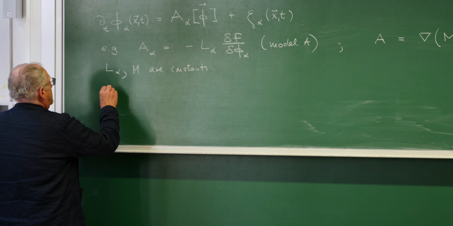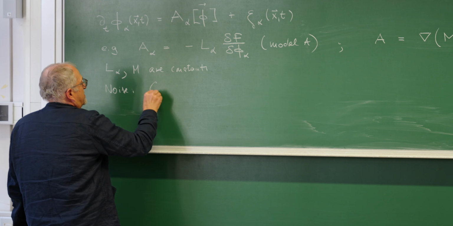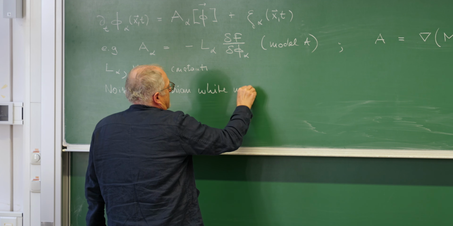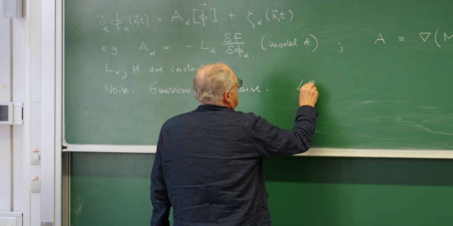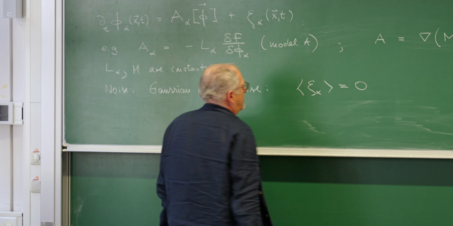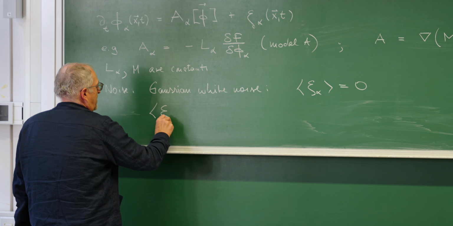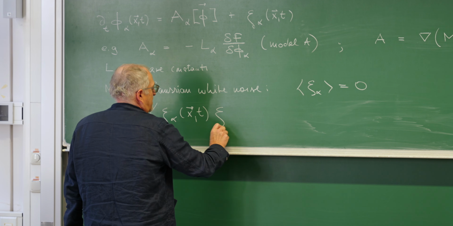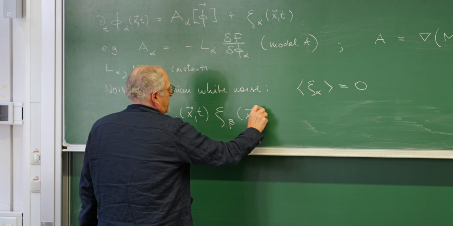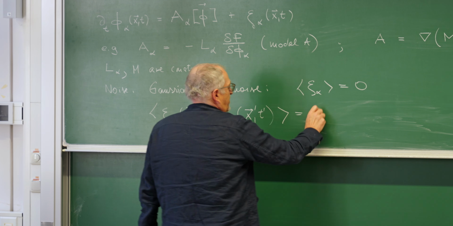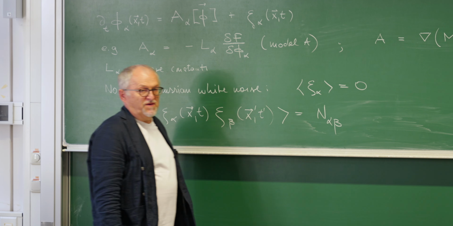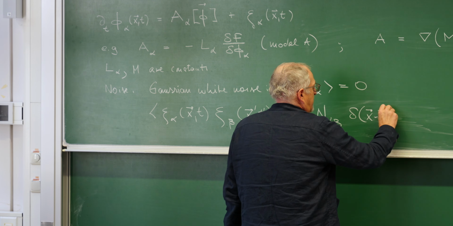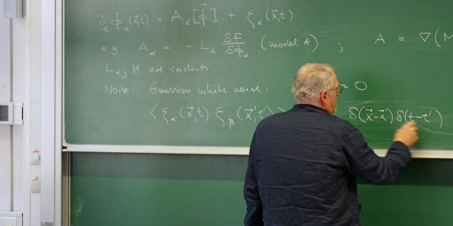So for the noise, what we take is Gaussian white noise, and that has mean 0 for all the components, and the variance we take as zeta alpha at positions x and t, zeta beta at position x prime and t prime is given by a matrix of noise amplitudes times short range correlations in space and short range correlations in time.